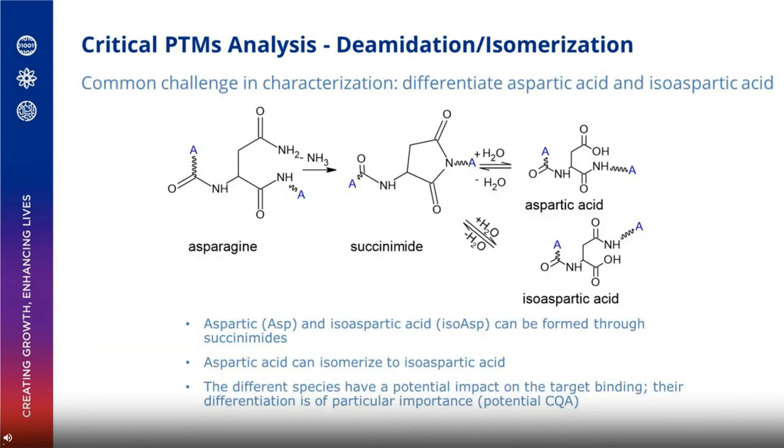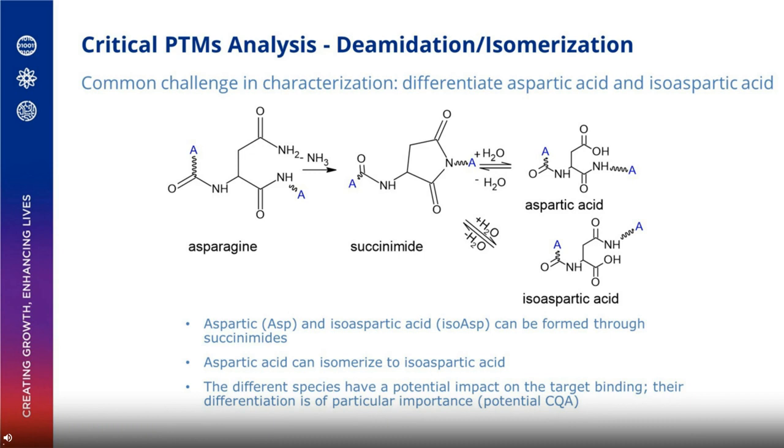Another isomeric amino acid pair is aspartic acid and isoaspartic acid. This differentiation is also a common challenge in deamidation and isomerization characterization of critical quality attributes, because the different isomeric amino acid sequences have a potential impact on target binding, so the differentiation is of particular importance.